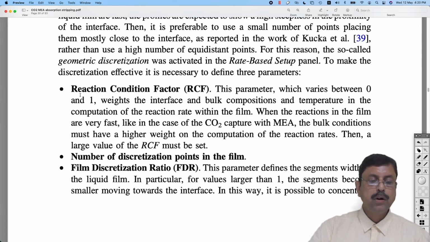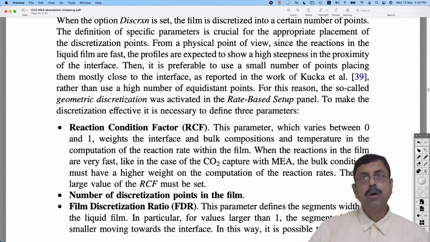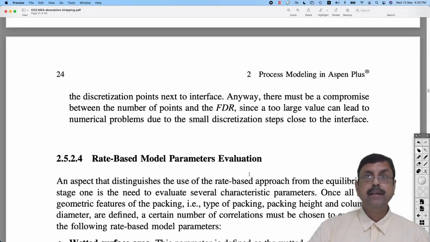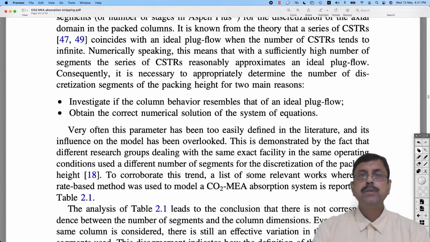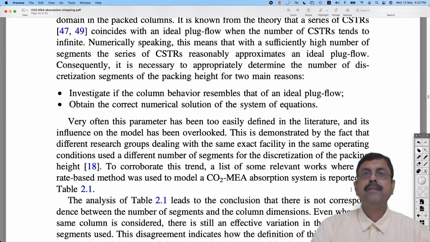Now you will come across reaction condition factor, film discretization ratio, number of discretization points in the film. These are a few topics that we will come across while running the simulation. Okay, so this will come later. First, let us go to the Aspen Plus simulation window and start preparing our simulation. This particular simulation involves a lot of components and a lot of reaction mechanisms.